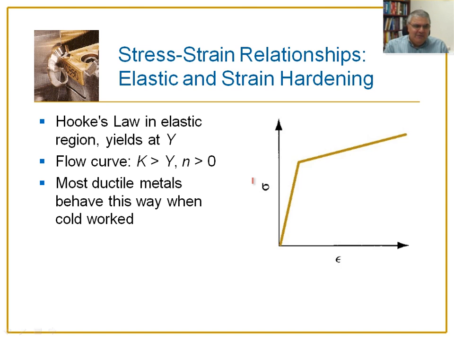These are pretty much crude modeling of the real behavior. Again, Hooke's law applies in the elastic region. We are still going to have a yield point, which is here. This is Y. And most ductile metals behave this way when cold worked.